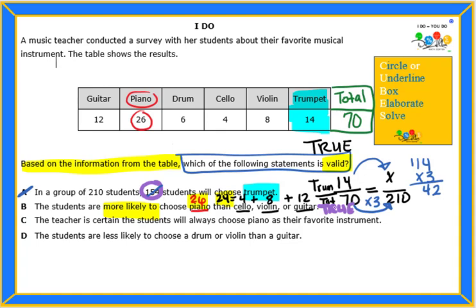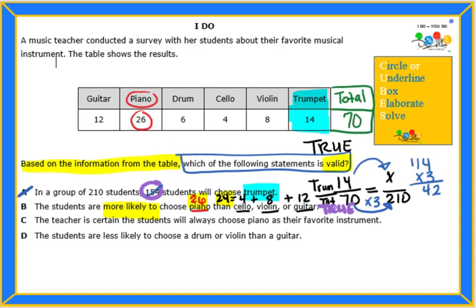The teacher is certain the students will always choose piano as their favorite instrument. So it is true that piano is the most likely because it is the highest number. But certain means that 100% of the students will choose piano, and that nobody will choose any of the other instruments. That is not true. We can see here in the table that students are choosing different instruments.